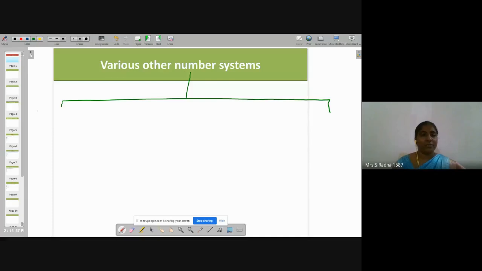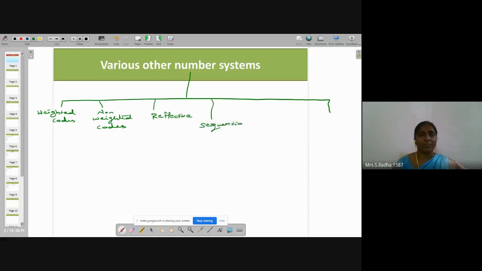One is weighted codes. Second one is non-weighted codes. Third one, reflective number system. Fourth one, sequential number system.